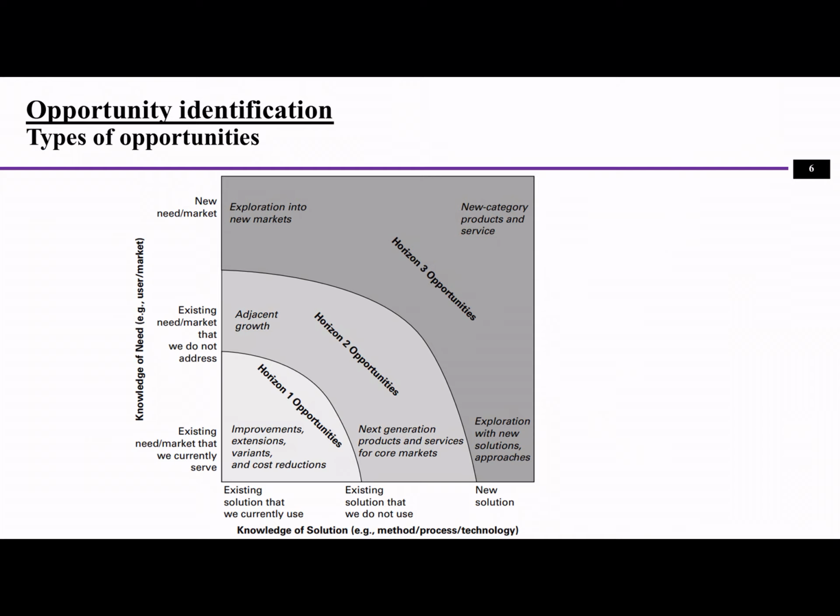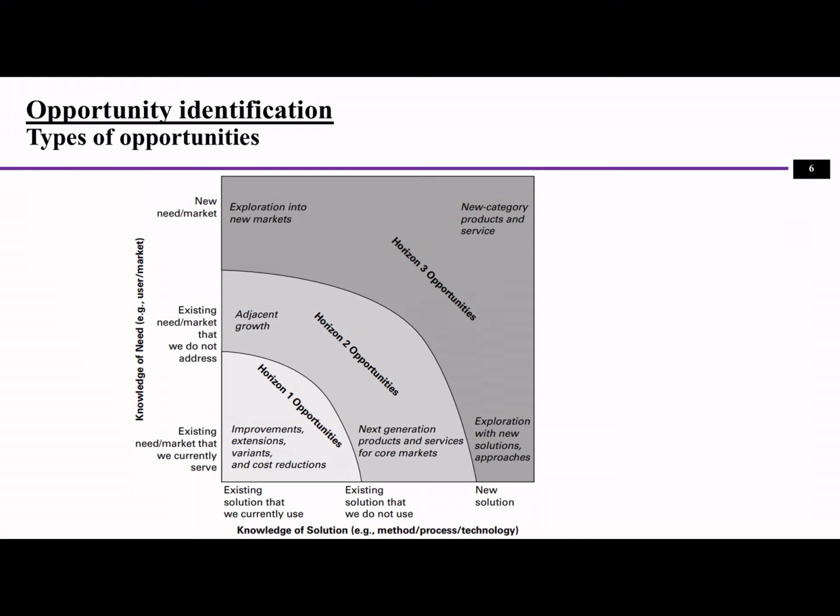And then first, if we want to develop a product, the first thing we need is opportunity identification, to identify what kind of opportunities there are for new products. And how do we identify opportunities? There are different types of opportunities we can look at.